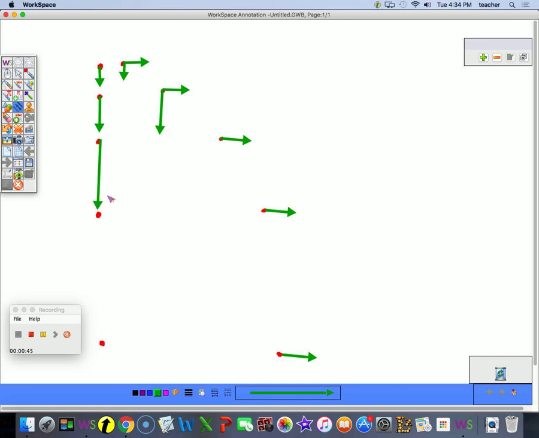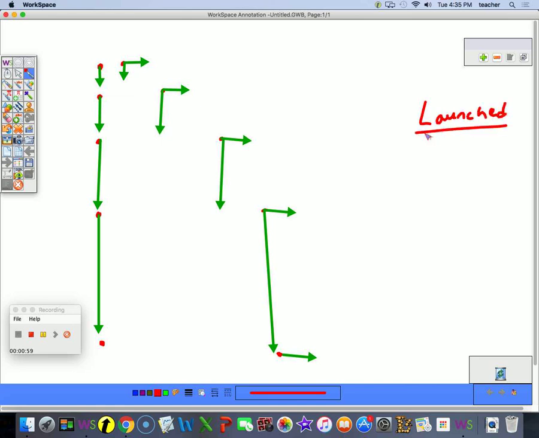What I want you to notice is that they behave the very same way vertically and differently horizontally. For the launched ball, we know it's vertically accelerating and horizontally not accelerating. And for the dropped ball, we know vertically it is accelerating, but horizontally it's also not accelerating.